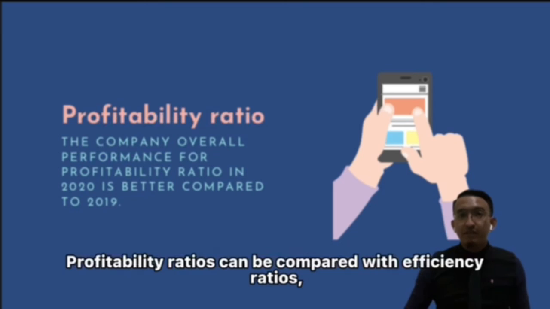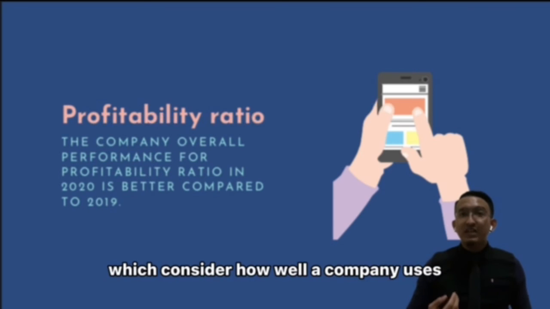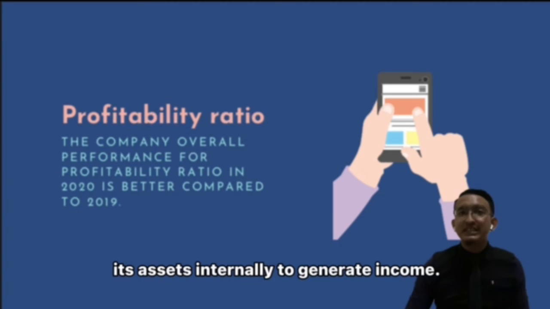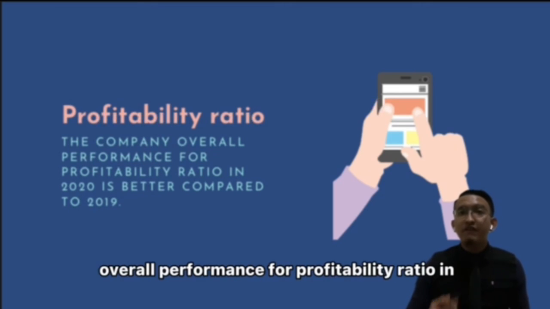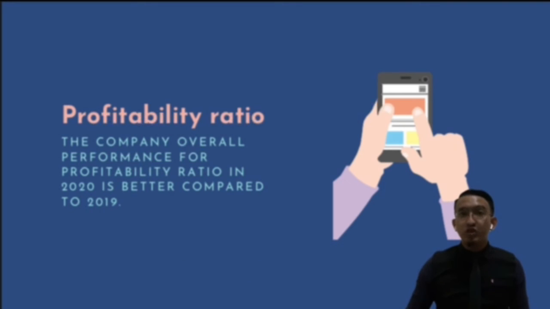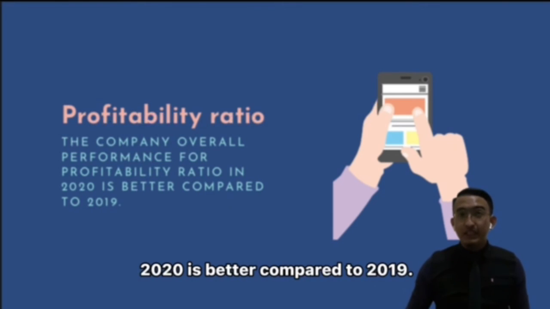Profitability ratios can be compared with efficiency ratios, which consider how well a company uses its assets internally to generate income. The overall performance of Meraki Berhad is the company overall performance for profitability ratio in 2020 is better compared to 2019.